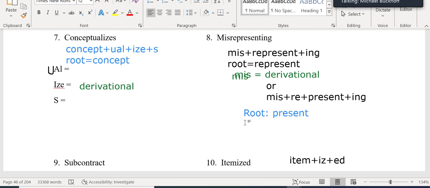Right, but concept is a noun. Conceptual is an adjective. Conceptualize is a verb. Okay. Conceptualize is still a verb. You just added the S on it. So basically with 7, you have derivational, inflectional. And then for the first two, note the changes in the lexical category, and then explain the grammatical information for the S, and that's it.